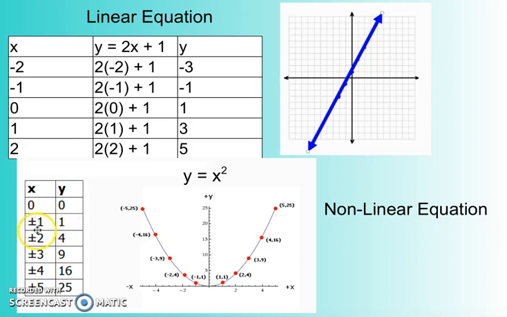And so the first ordered pair would be +1, +1, then -1, +1. Do you notice that no matter if I plug in a +1 or a -1, I get a +1 answer?